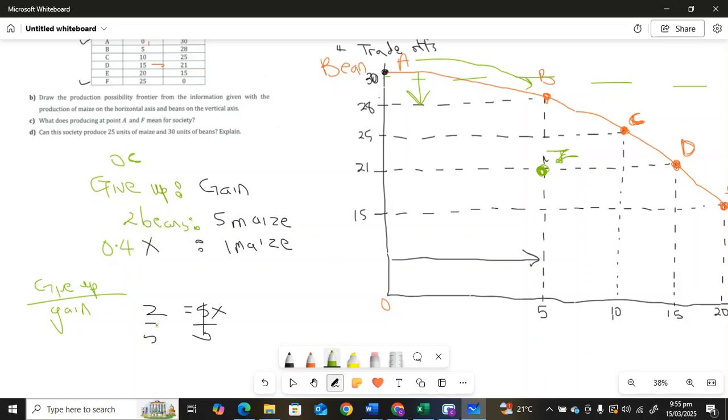So 2 divided by 5, 0.4. So as I said, when you look at the opportunity cost per unit, you're focusing on what you're gaining. So to gain 1 maize, you're giving up 0.4 beans. Any questions?